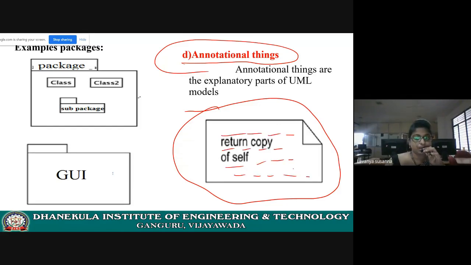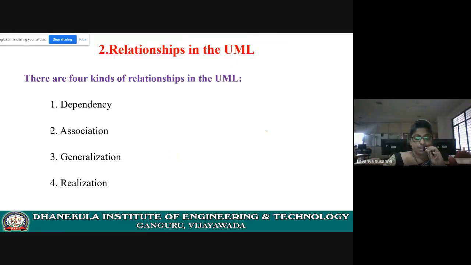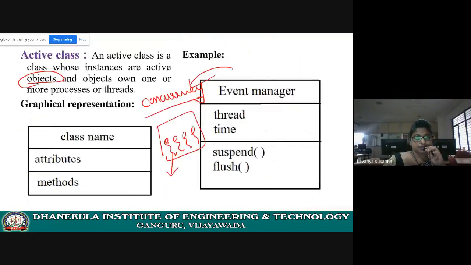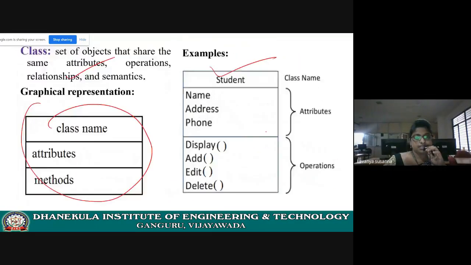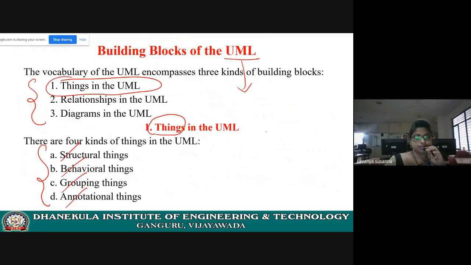You can write the comments or some guidelines, whatever it may be, some explanatory part, some textual content. And see the graphical representation. This is nothing but a note. Okay, completed. You need to write these things for this question. I hope you understood. Next question.